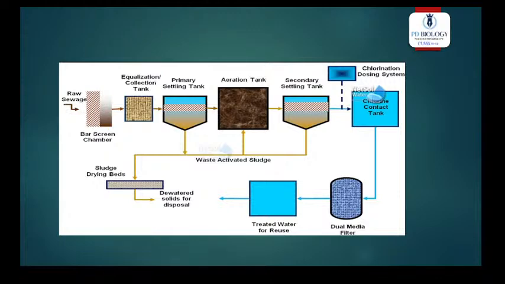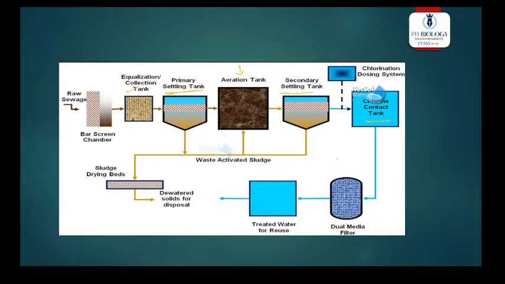After screening, the collecting tank is there, then it moves to the primary settling tank, then the aeration tank, from the aeration tank to the secondary settling tank, now the disinfection system, where chlorine comes in contact with this tank.